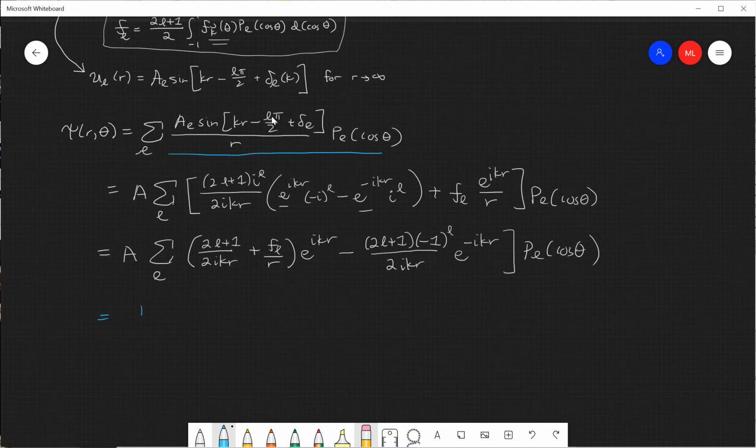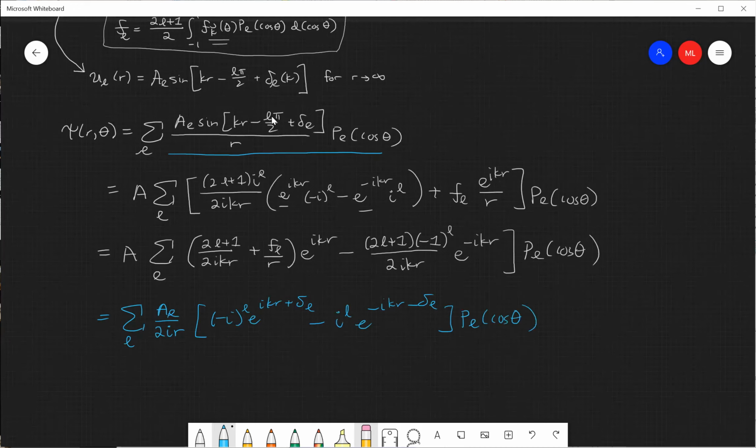So for that, you get a sum over L. You have A_L, and now expanding in complex exponentials, you get 2i for the sine, 2ir. And here we get a minus i raised to the Lth power of e to the iKr plus delta_L. And then you get a minus i raised to the Lth power of e to the minus iKr minus delta_L. And that's P_L of cosine theta.